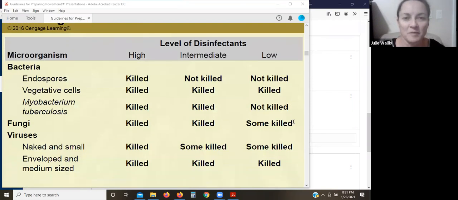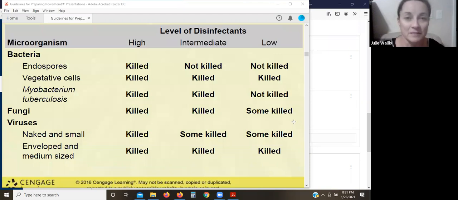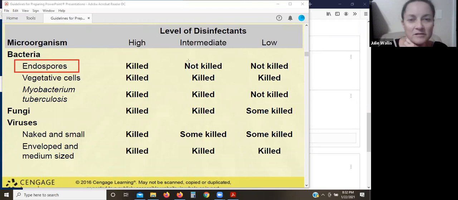This is the chart from your book that summarizes these different microbes and how susceptible they are to different levels of disinfectants. It's a good one to know the relative order. I have a simpler one later, but you can see that endospores are some of the most resistant because at intermediate and low levels of disinfectants, they are not killed.